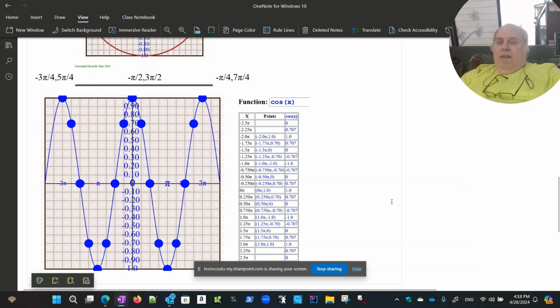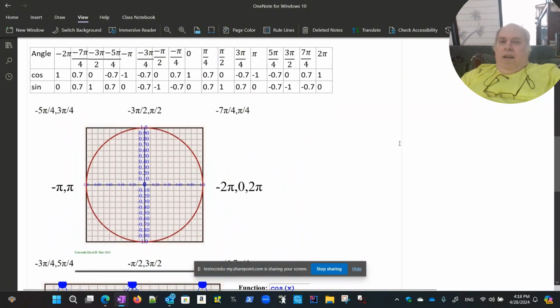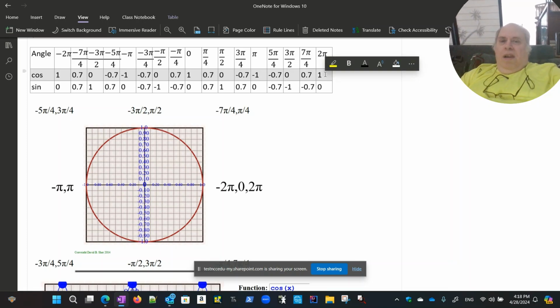Now we're going to talk about the sine curve. So I'll scroll back up here to the sine curve. I'll change colors, so I'll color code it to match what I did there.